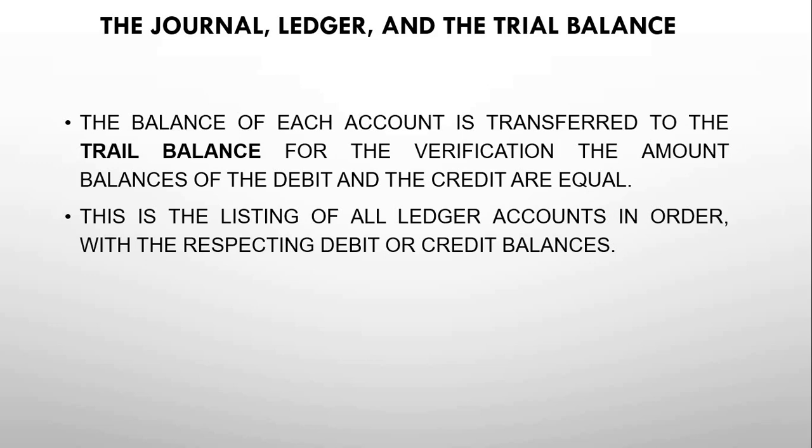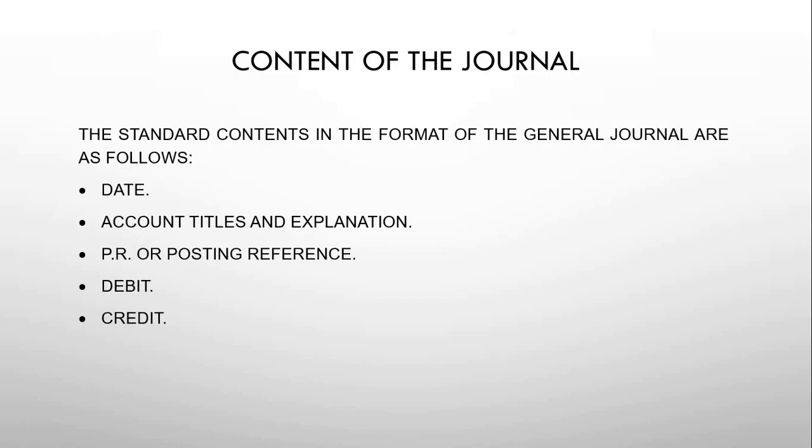Una is to verify whether the debit equals the credit, and this is also where we list all the ledger accounts in order, okay, from asset to equity to income and to expenses, and to determine again whether the debit side is equal to the credit side. Yan.